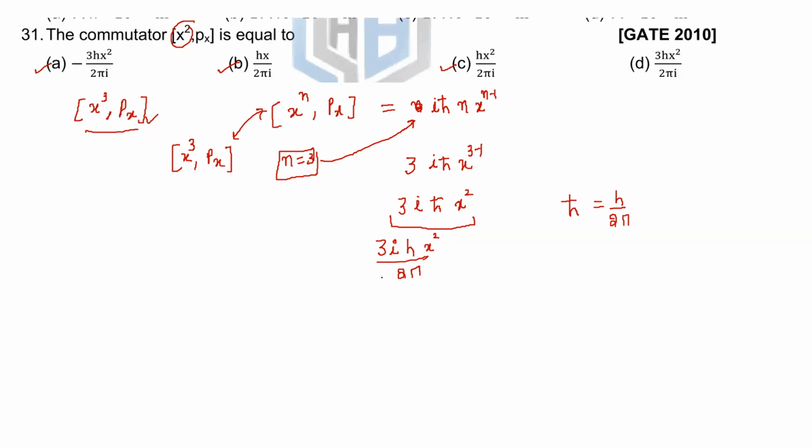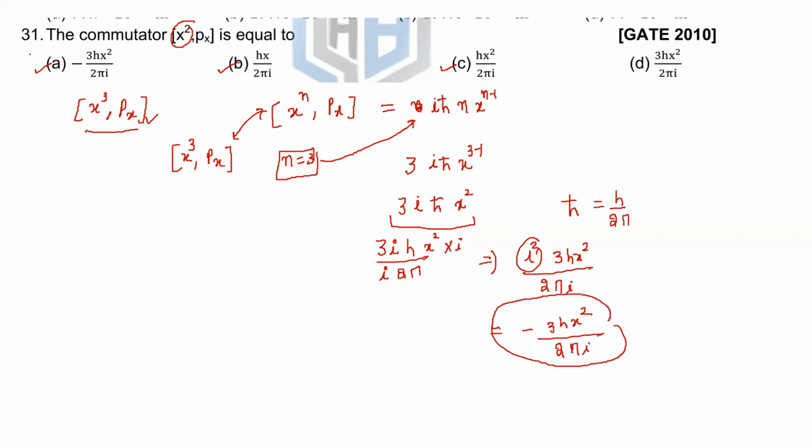For this, I will multiply and divide this whole expression by iota. So I'll get iota square and 3 h x square over 2 pi iota, and you know iota square equals minus 1. So minus 3 h x square over 2 pi iota. Now I think we got the answer, which is option A. So option A is the correct answer.